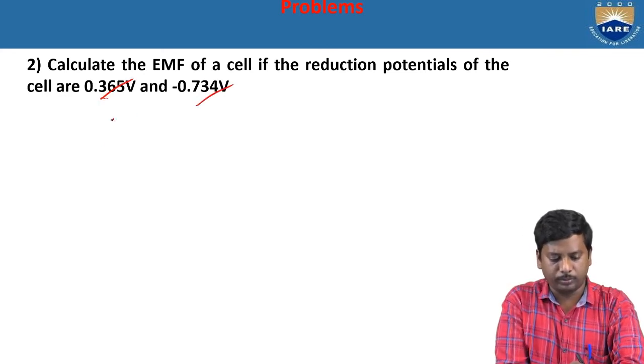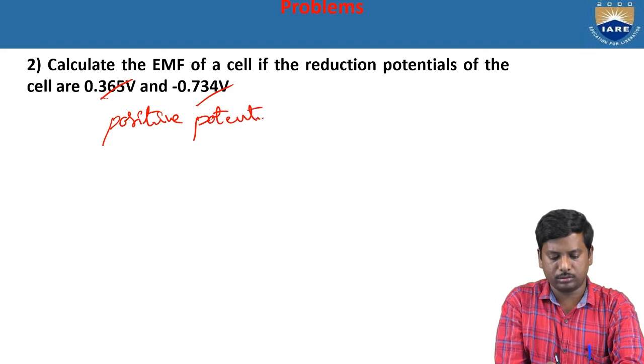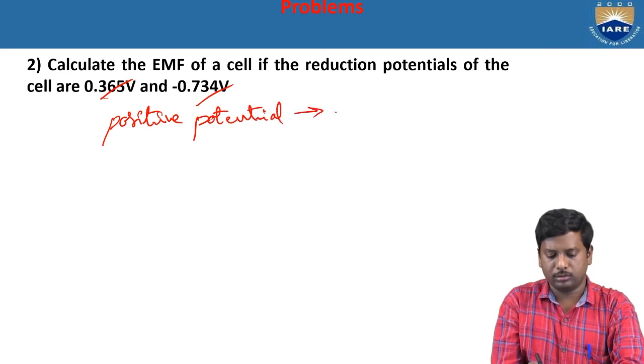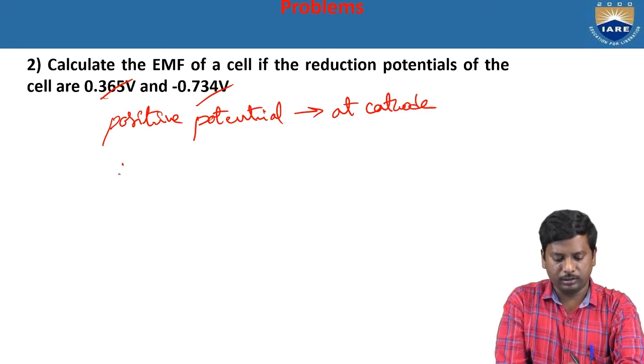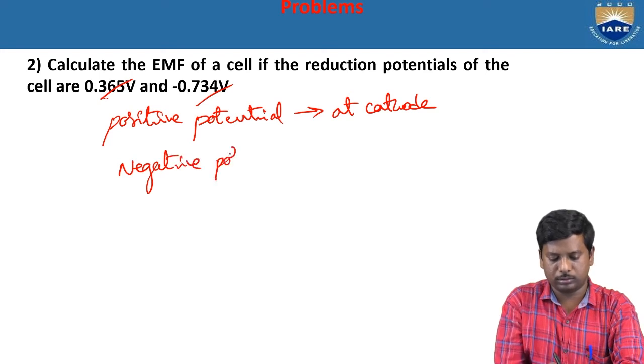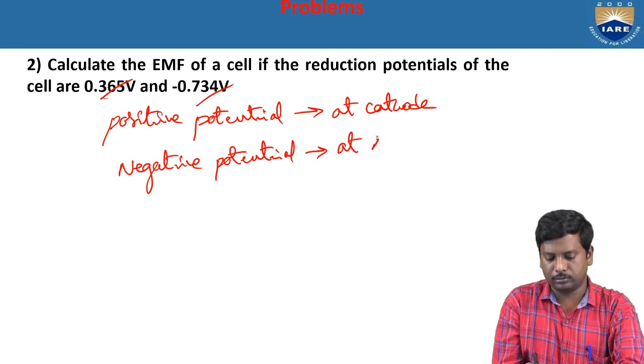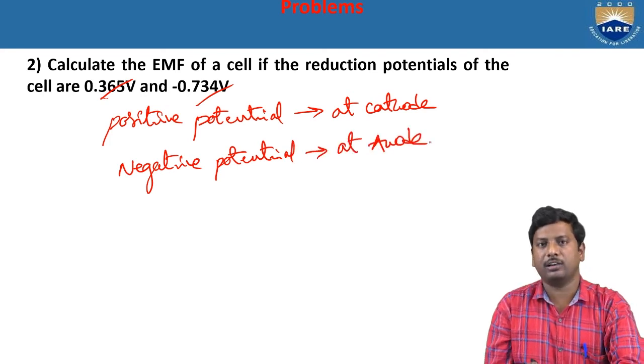So the positive potential is at the cathode and the negative potential is at the anode. Already we discussed that always at the anode oxidation takes place, loss of electrons, which is why it gets the negative potential, and at the cathode reduction takes place because of the gain of electrons, so it gets the positive potential.